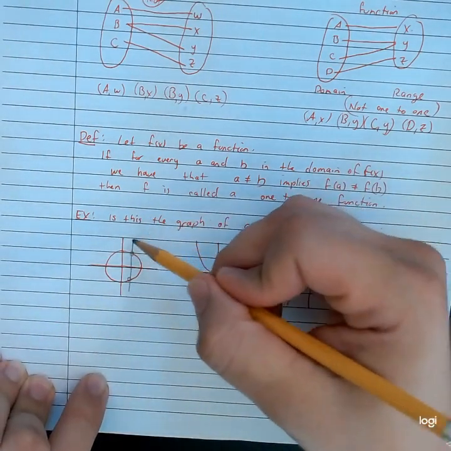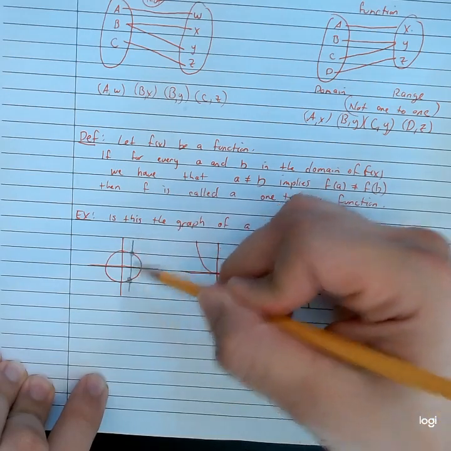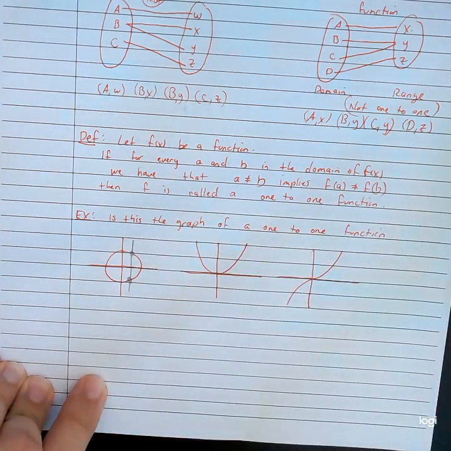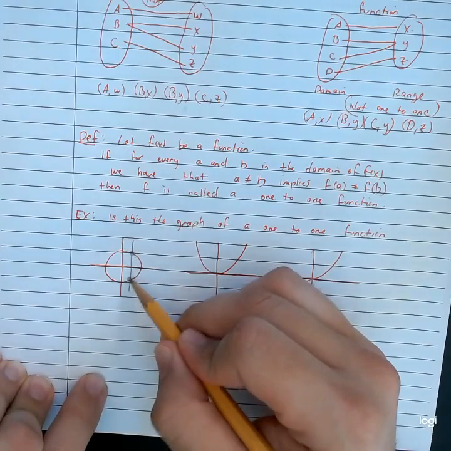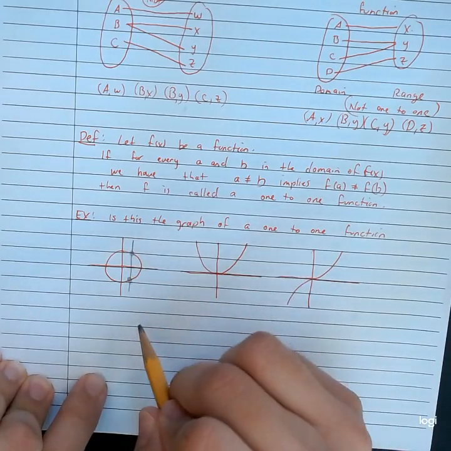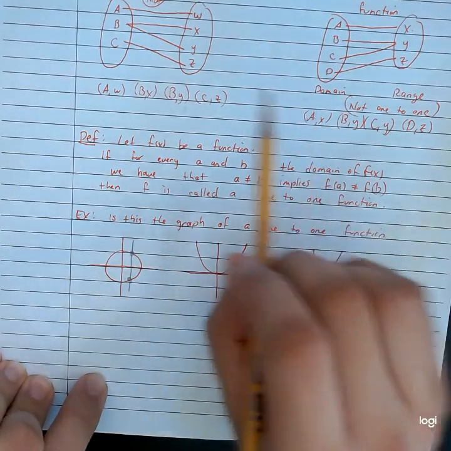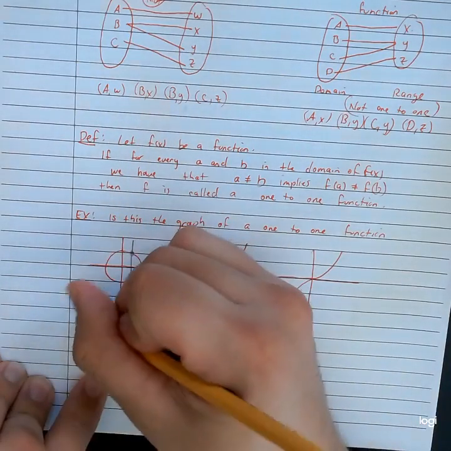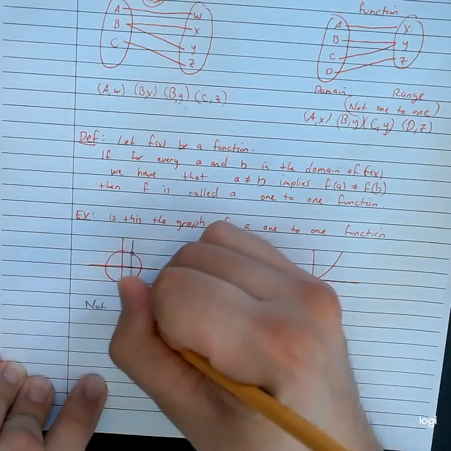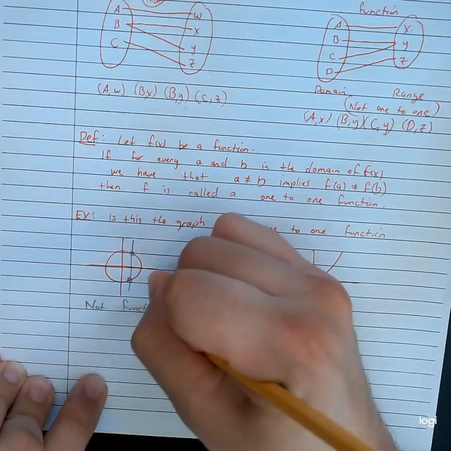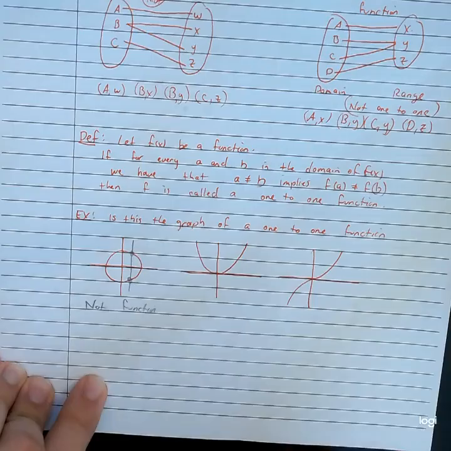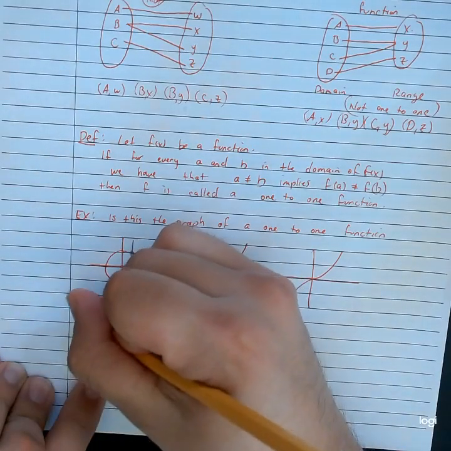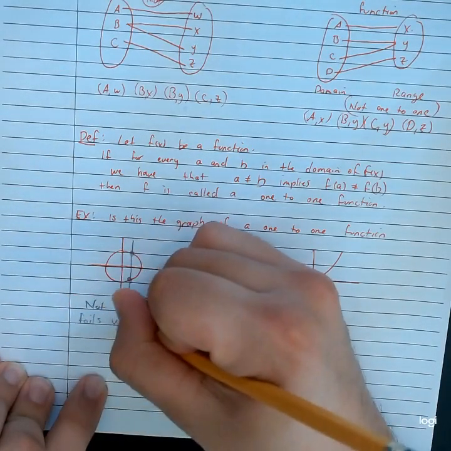Because I can think of a vertical line which crosses this graph more than once, that means that, well, I have the same x value occurring twice. Oh, but if the same first entry occurs twice, then that's not a function. So here this is not a function. And if it's not a function, well, then it can't be a one-to-one function. We just don't worry about this anymore. It's not a function. It fails the vertical line test.